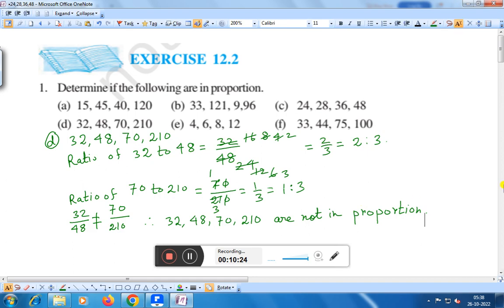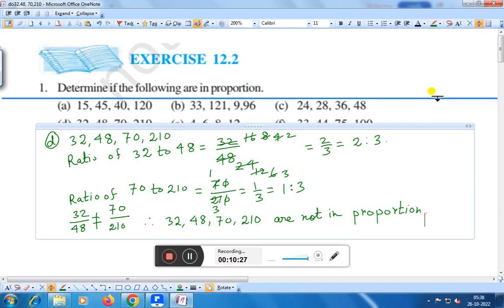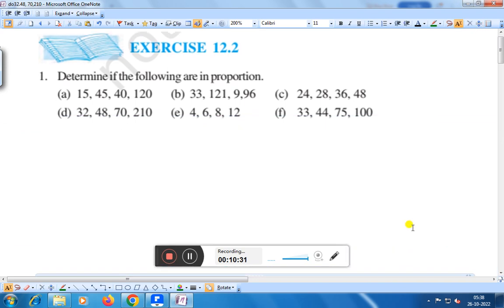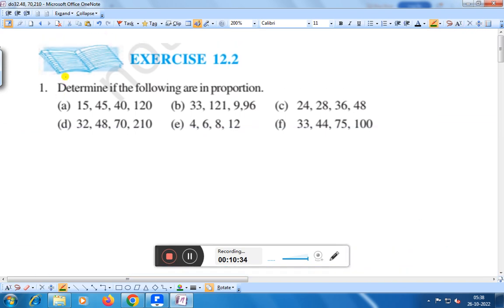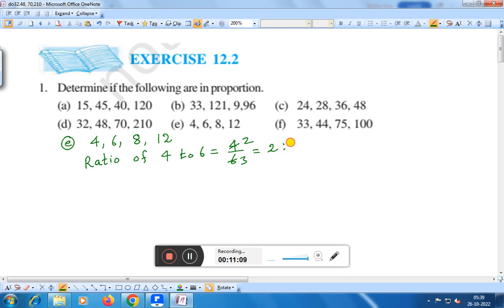Question number E is 4, 6, 8, 12. Ratio of 4 to 6 is equal to 4 by 6. 2 twos are 4, 2 threes are 6, that is equal to 2 is to 3, right?